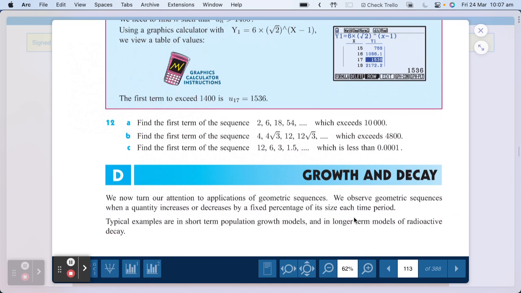Now, I have a problem with the textbook at this point. It hasn't said anything wrong, but I don't like what it's doing. It concentrates on basically growth and decay and also financial maths.